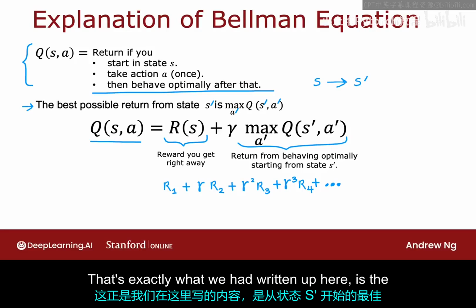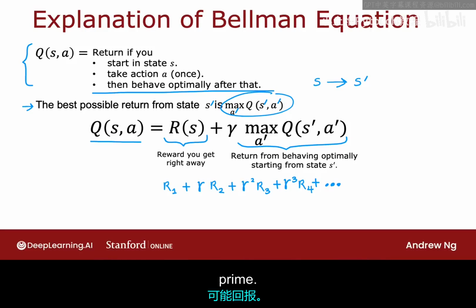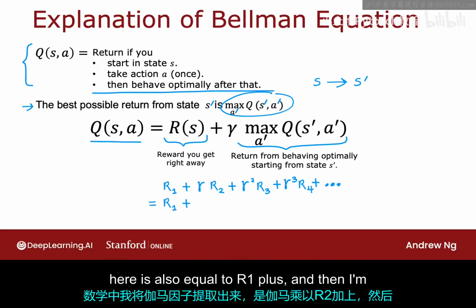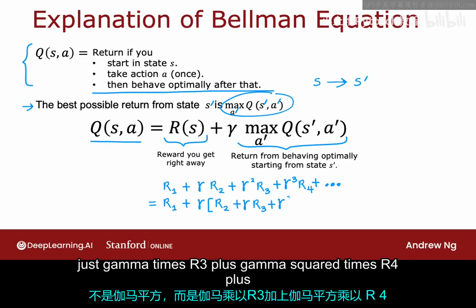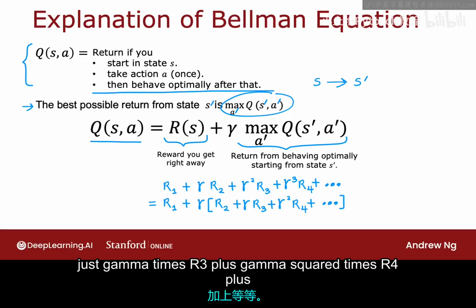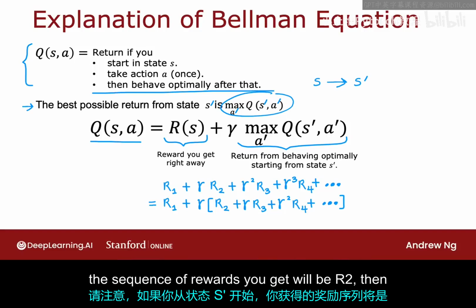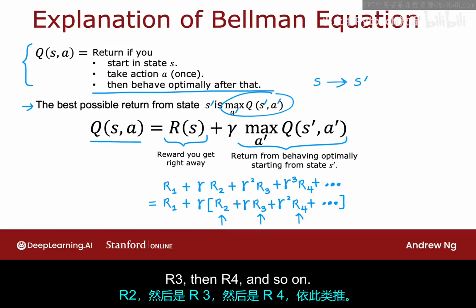That's exactly what we had written up here, the best possible return for when you start from state S prime. Another way of phrasing this is, this total return down here is also equal to R1 plus, and then I'm going to factor out gamma in the math, gamma times R2 plus, and then instead of gamma squared, it's just gamma times R3 plus gamma squared times R4 plus ... Notice that if you were starting from state S prime, the sequence of rewards you get will be R2, then R3, then R4, and so on.